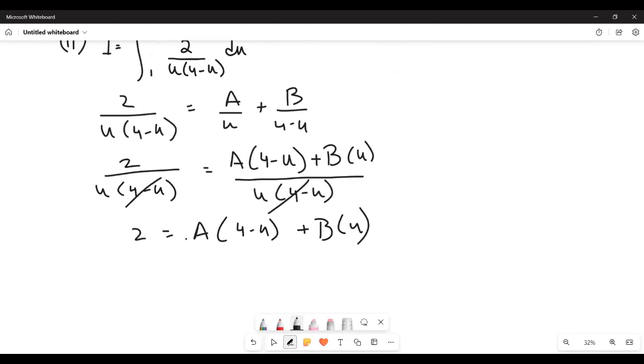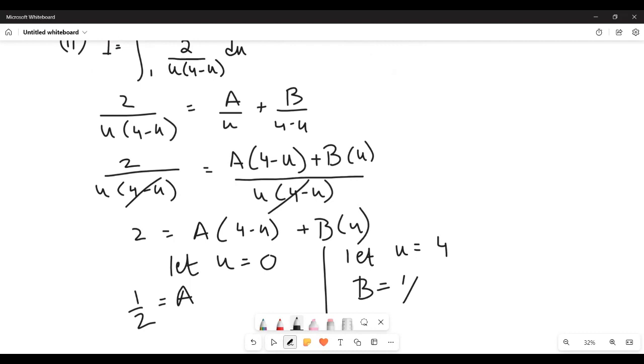Let u equal 0. That gives us a equals half. And then let u equal 4. That gives us b equals half. So this becomes half, 1/u plus 1/(4 minus u).